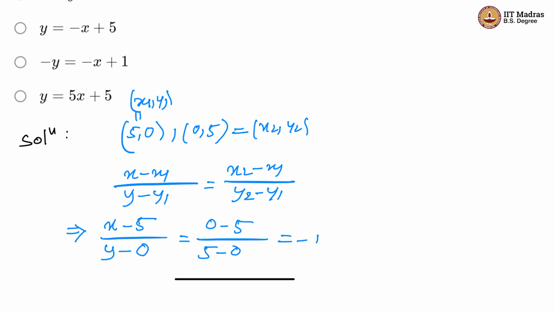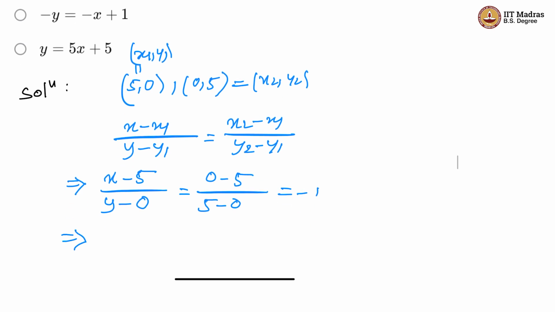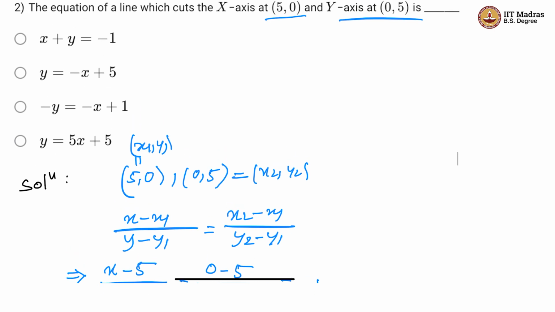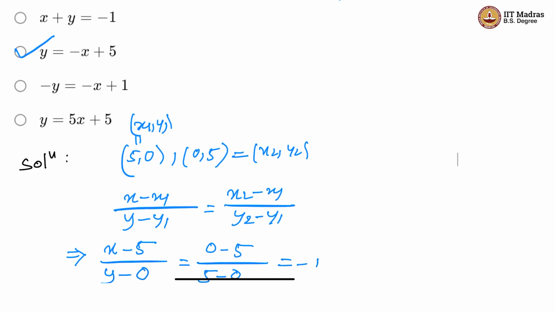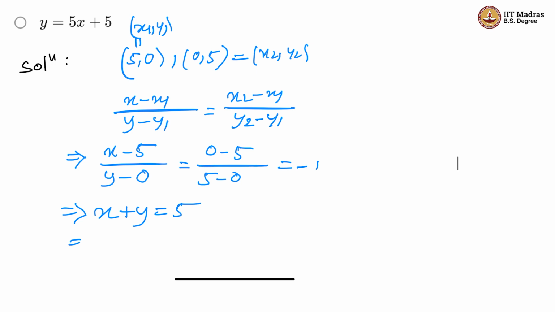Okay, that is minus 1. If we simplify this equation, we will get x plus y equals 5. Okay, so this is our equation. That means this one, right? We can take x over this side, so we will get y equals minus x plus 5.